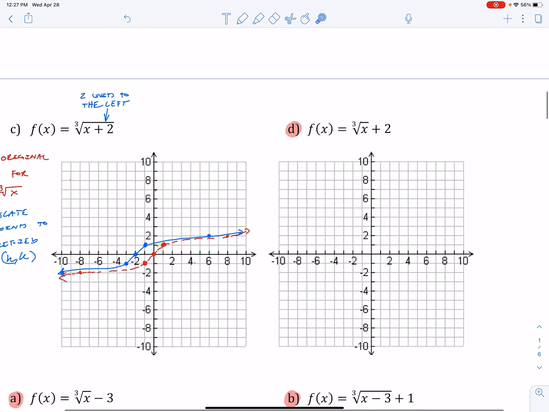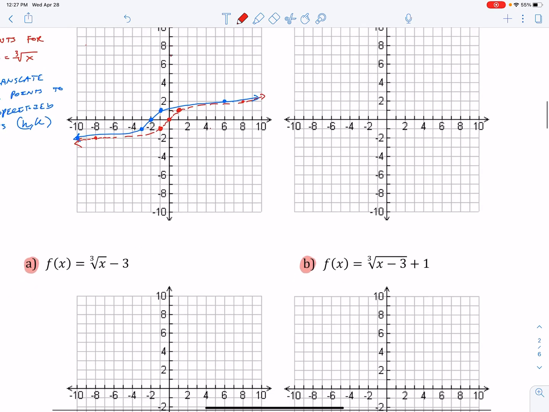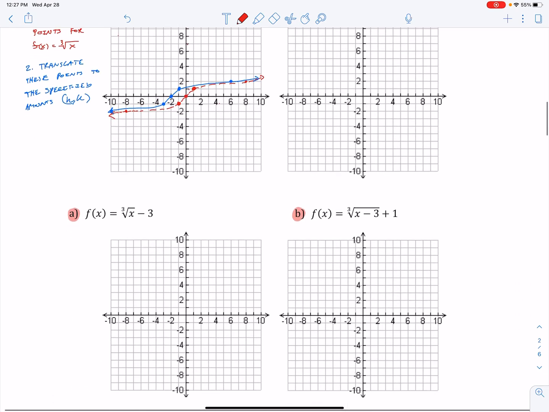Now on this one, a little trick here. Again, you want to do the same thing. You're going to want to plot this original cubed root function. And then if you notice on the outside, this is your k. I'm not going to tell you which direction to move it, but this is your k. All right? So try to graph these next 3. This one's your k as well. This is your h.